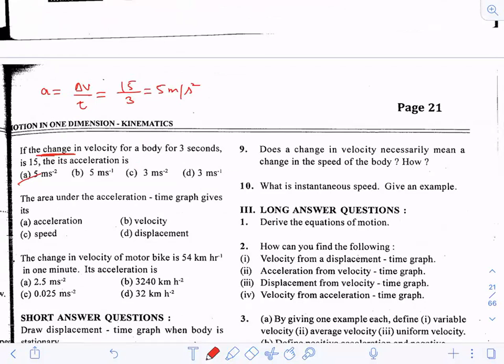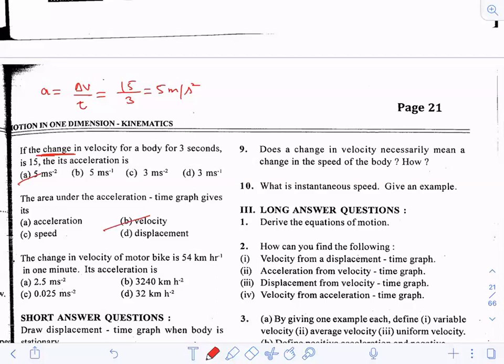Now, area under the acceleration time graph gives its what? Area under the acceleration time graph will give me velocity.